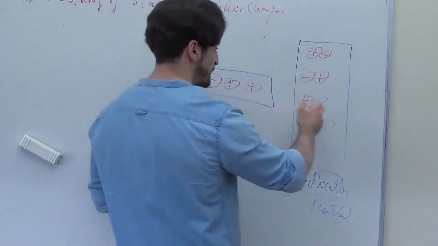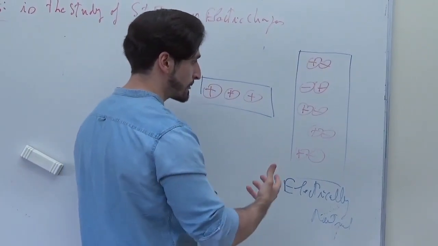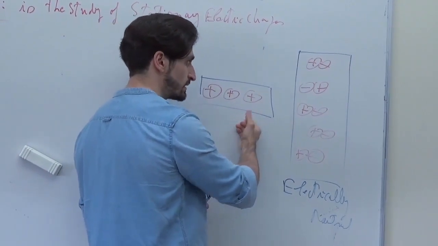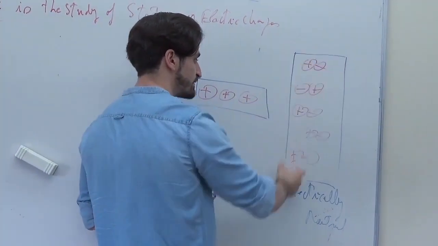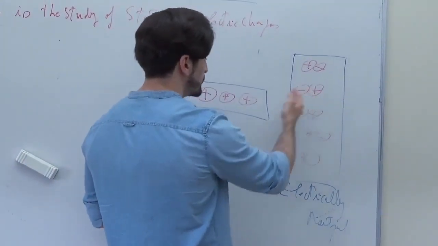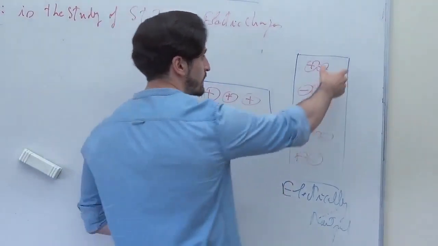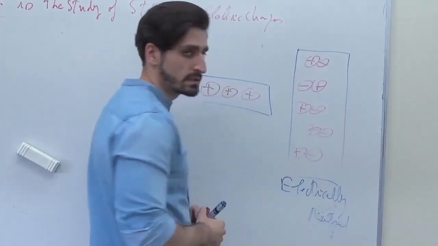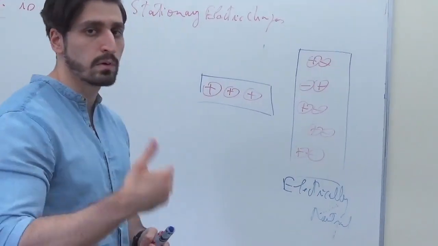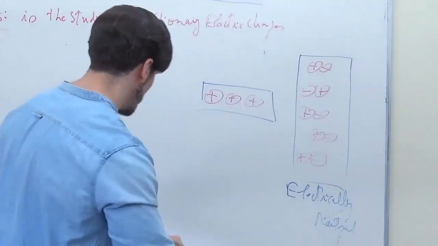So that object is going to induce in that material a new charge distribution, meaning that the electrons are going to be attracted by that positively charged object, and they are going to occupy the left side part of that object, whereas the protons are going to be repelled by that positively charged object, and they are going to occupy the right side part of that material. So in other words, that material is going to become polarized, meaning now it has a polarity. It has a negative polarity and a positive polarity.